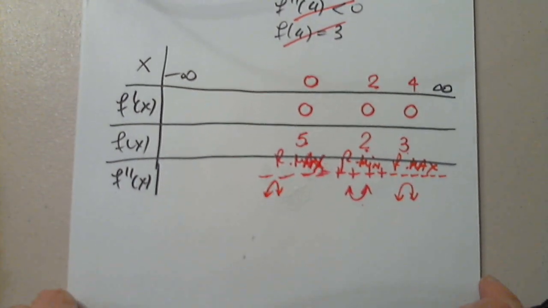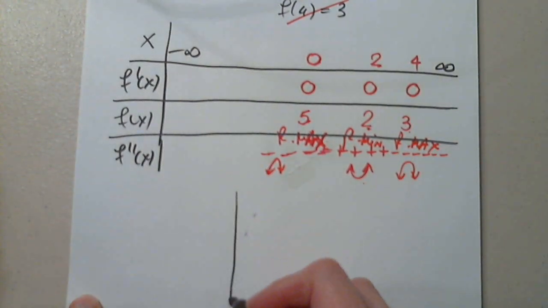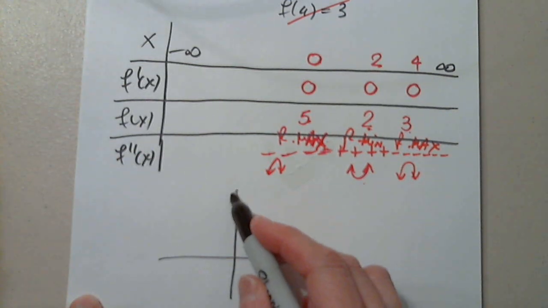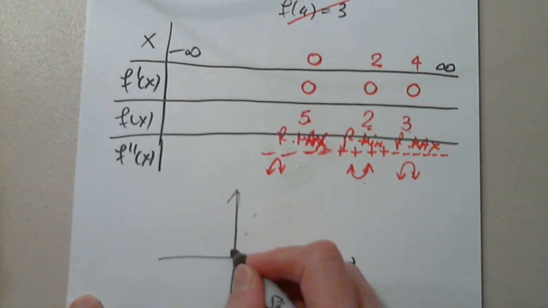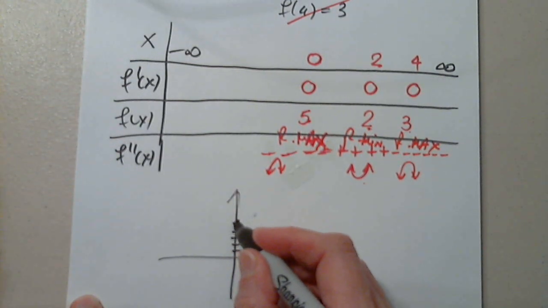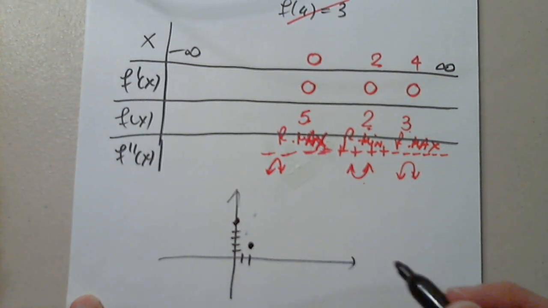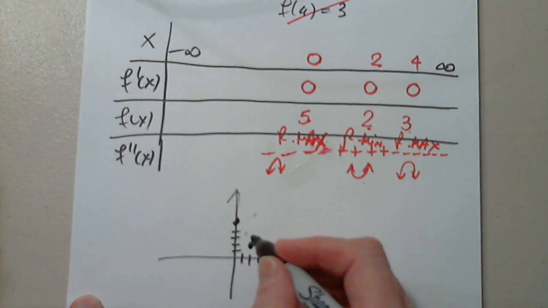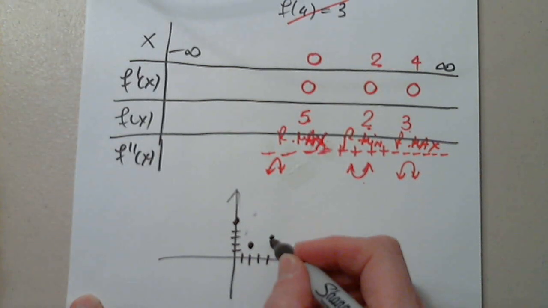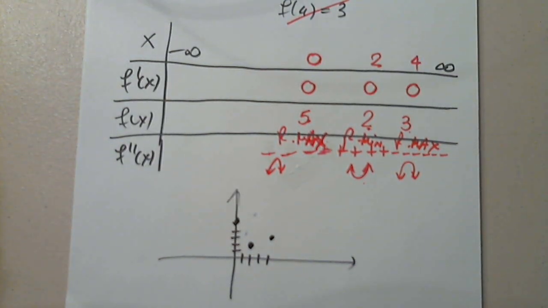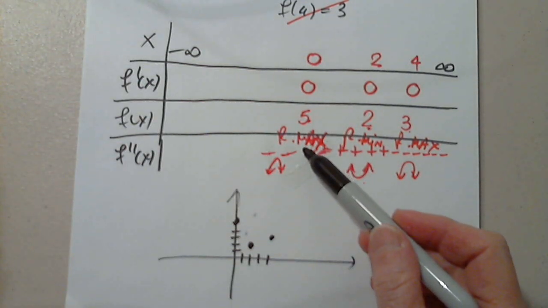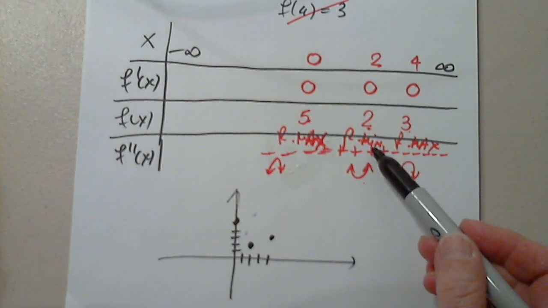So when I graph an example, there are many different correct answers. So 0, 5, 2, 2, 4, 3. I know exactly how to graph this. This has to be a relative max. This has to be a relative min.